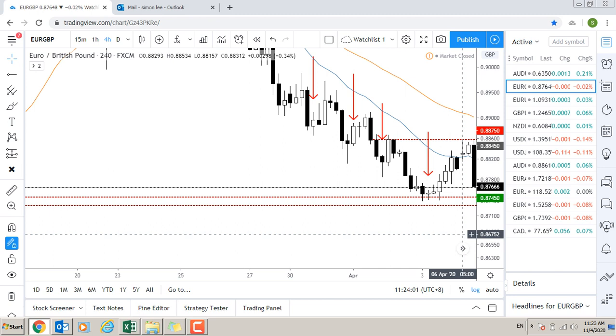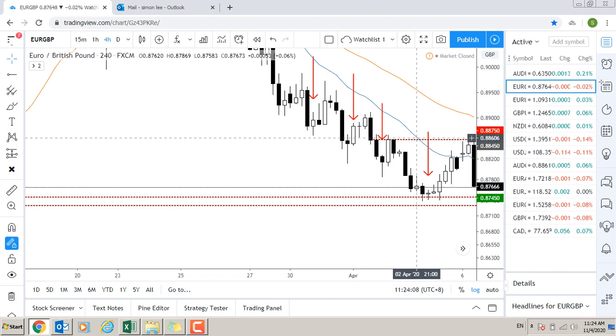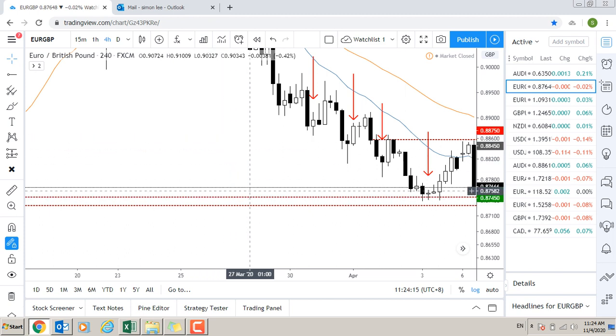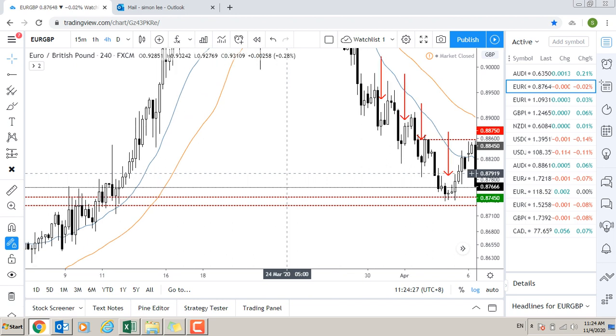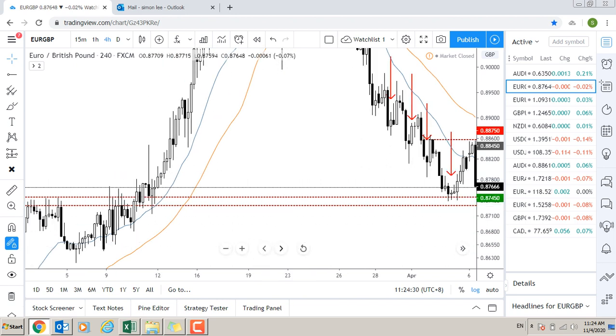So what next? I wouldn't trade at this level. The reason is that if I open here, my stop loss needs to be at this area, then my target will be at this area. Then how much R&R do I get? There's very little, not much R&R. Even if you are applying the high low method that I'm telling you, it's not attractive at all.